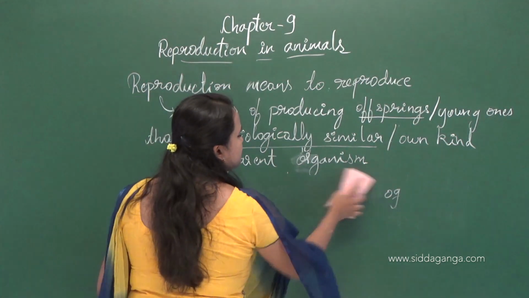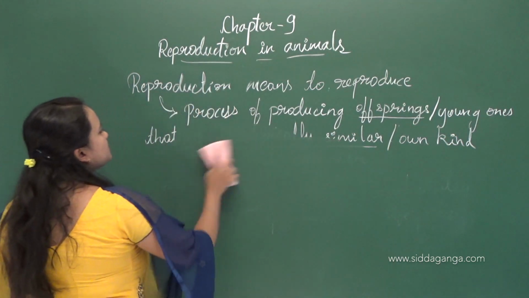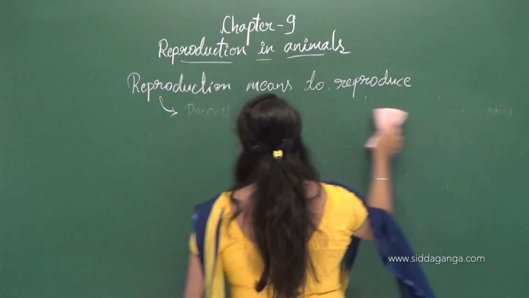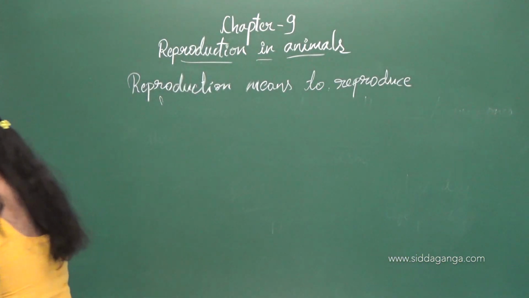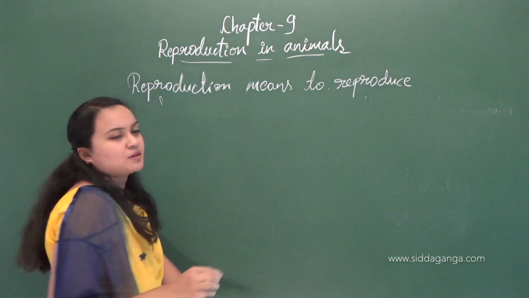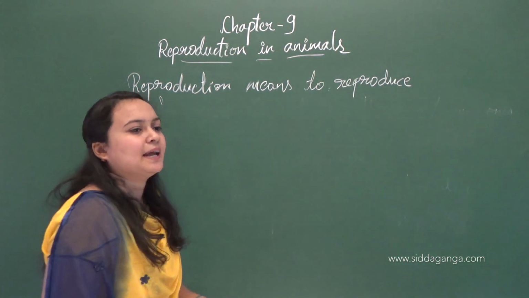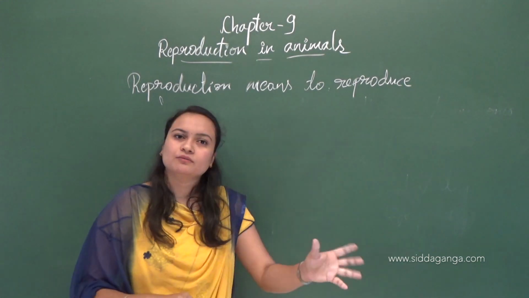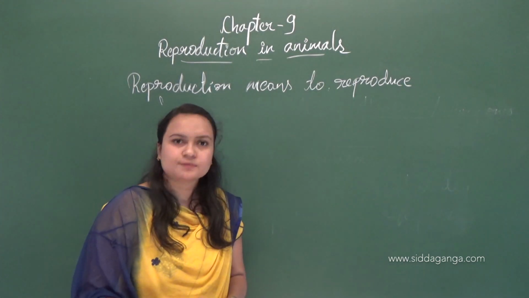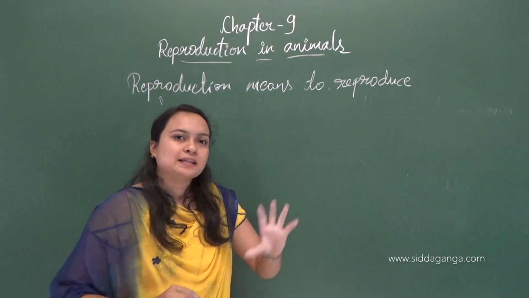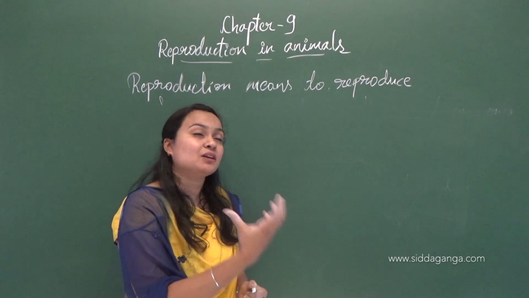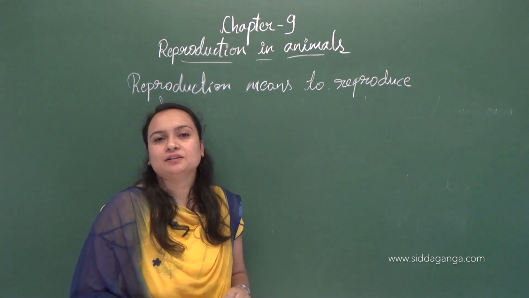Now let us discuss some examples regarding this definition. If you consider species, as I said, a group of individuals which are similar we can call a species. And species are the basic level of classification in the living kingdom.